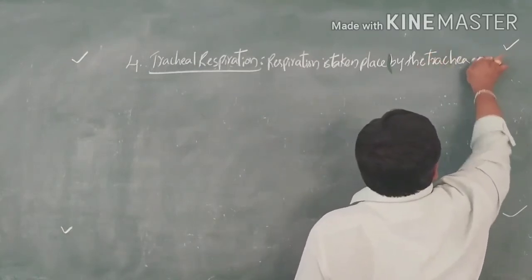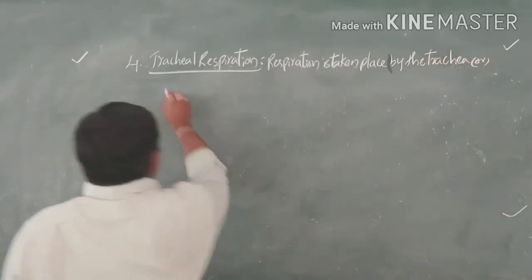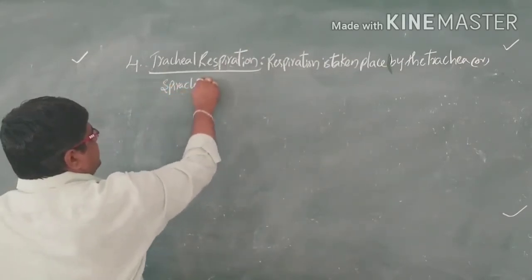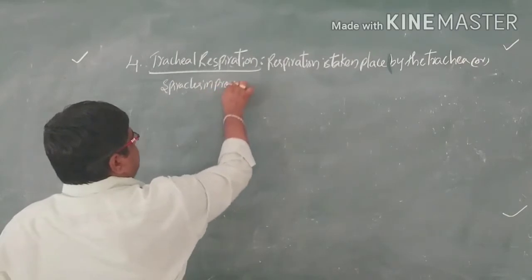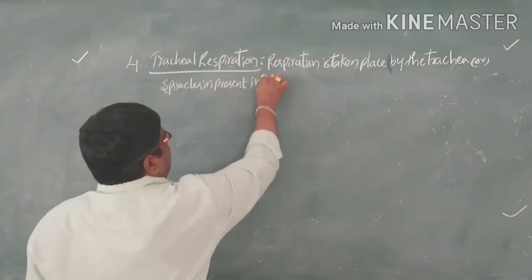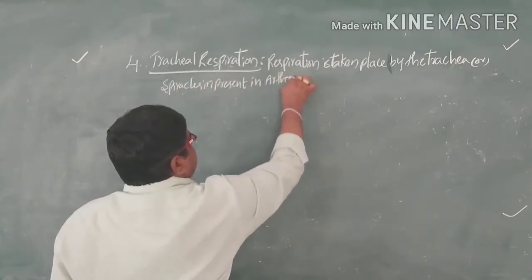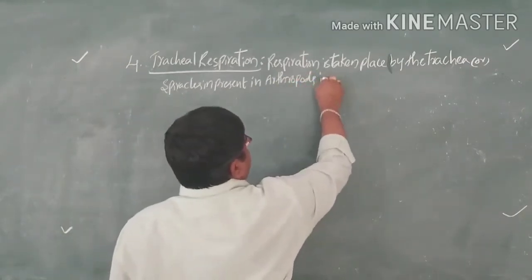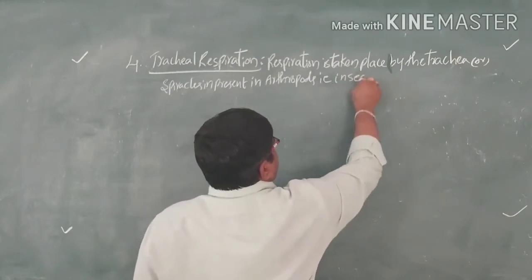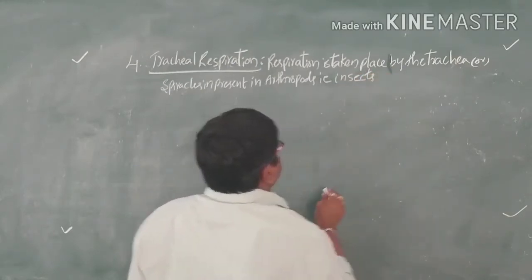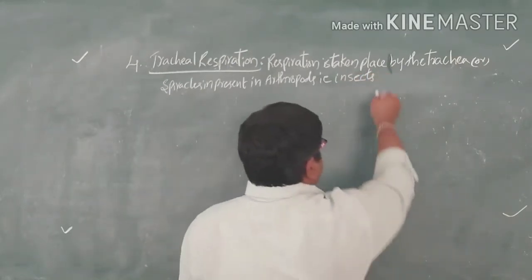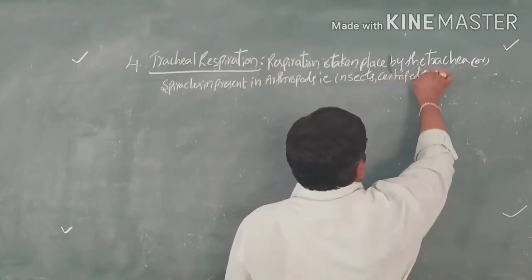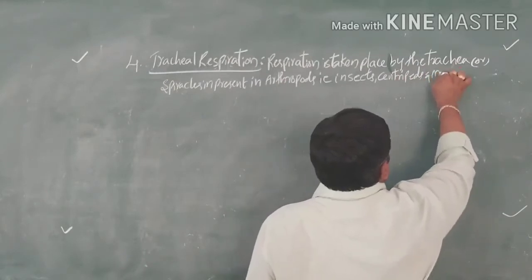Tracheae have spiracles, present in arthropods, especially in insects, like insects and centipedes and millipedes.